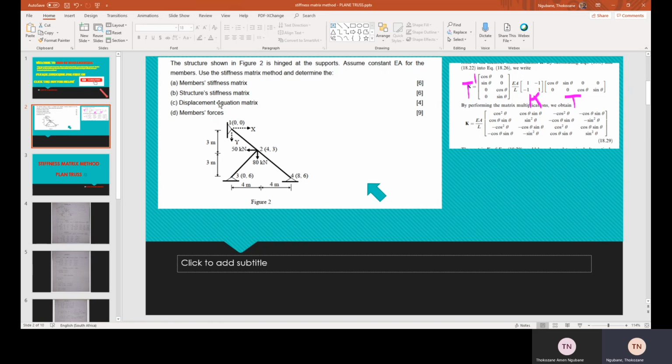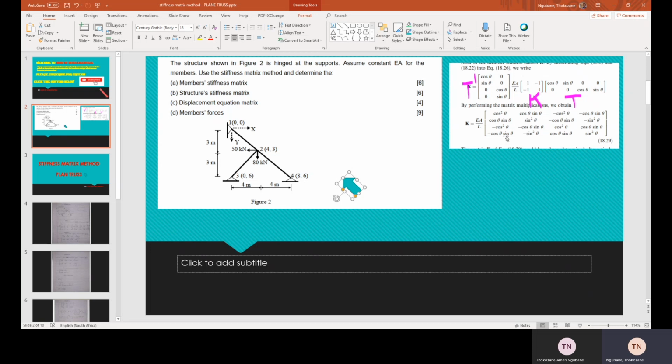Our example today is the structure shown in figure 2. This is figure 2. There is a hinge at the support. Assume EA is constant for all members. Use the stiffness matrix method to determine the member stiffness matrix, structural stiffness matrix, displacement equilibrium matrix, and member forces. And they have marks here.